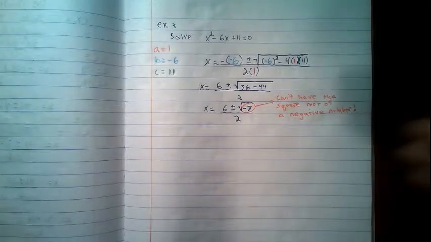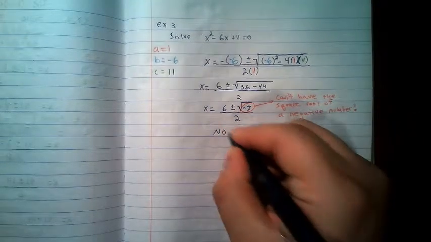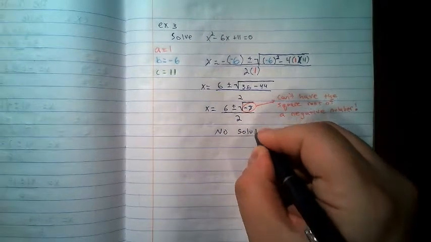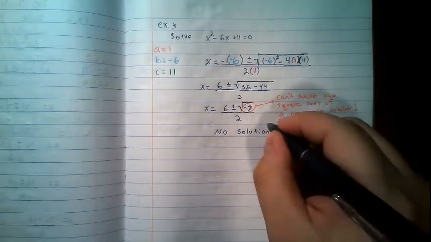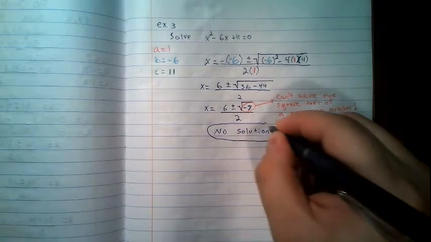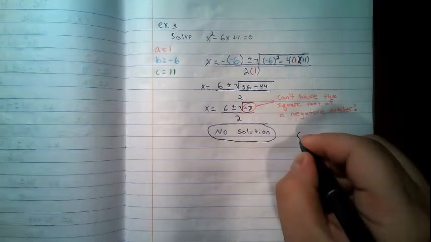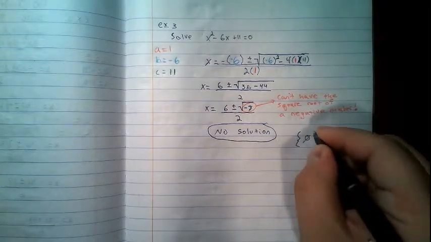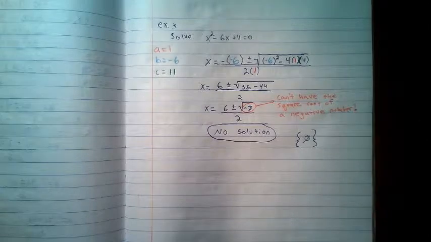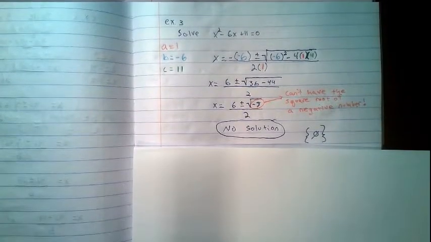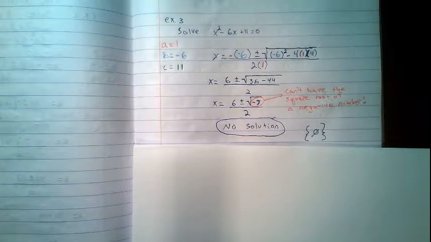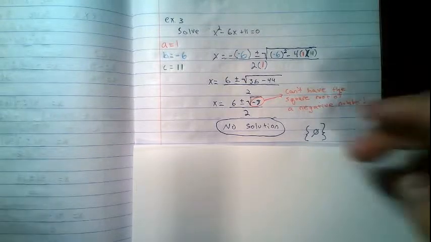And that means there is no solution. And if you were to use set notation, that would look like the empty set. No solution. So in example 3, we got a solution of, well, no solution, because we couldn't take the square root of a negative number.